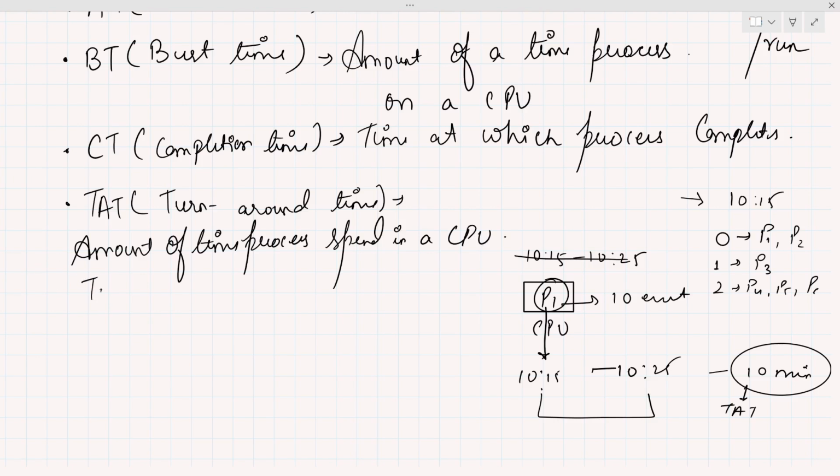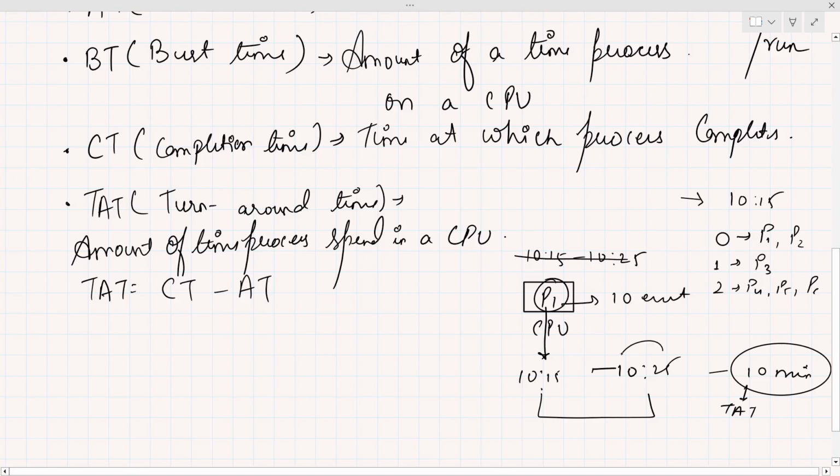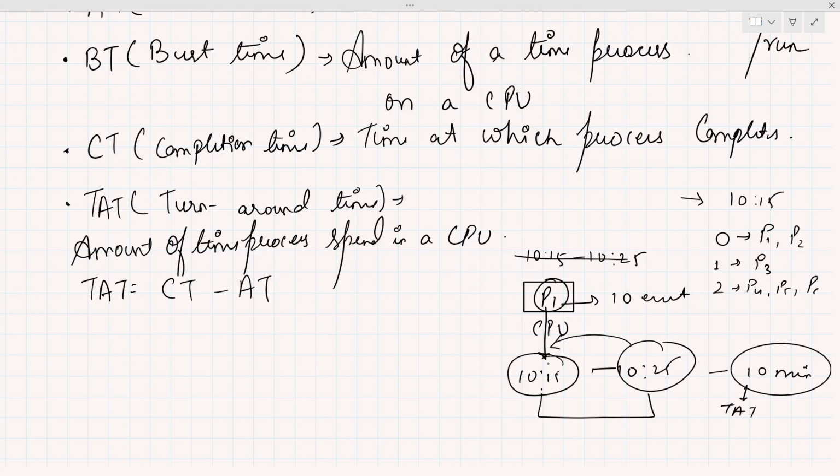And the formula for finding the turnaround time is: TAT is completion time minus arrival time. The completion time is when the process is completed, the arrival time is when the process starts. When you subtract these two, the resultant answer is the turnaround time. So it's very easy to understand TAT as well.